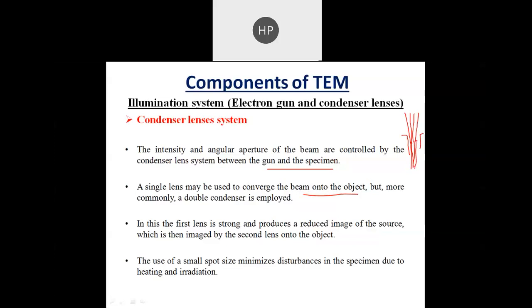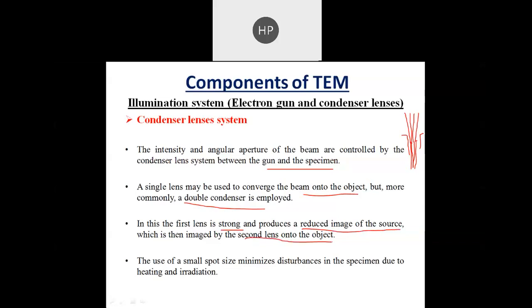So in that case we can use a single lens or we can use a double condenser lens, depending upon the requirement. And if we use a double condenser lens, the first lens is strong and produces a reduced image of the source, which is then imaged by the secondary lens on the object.